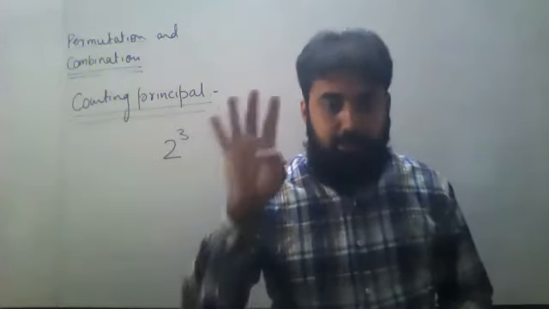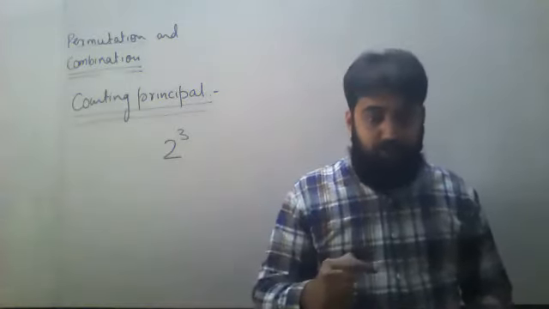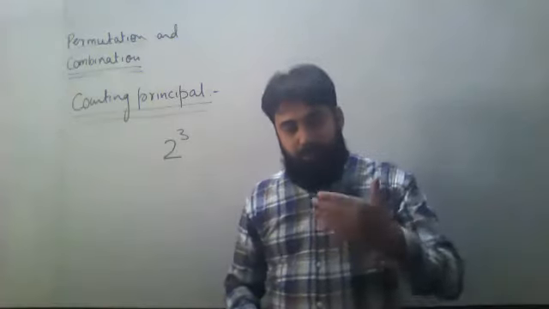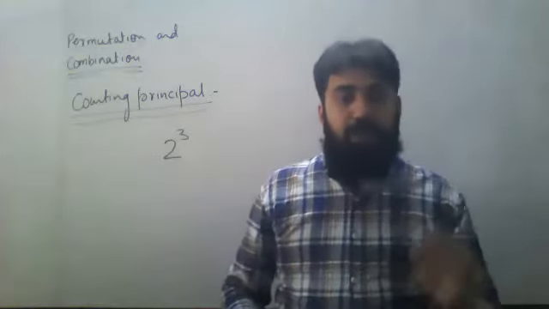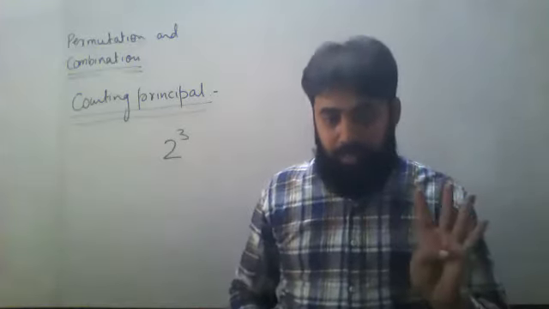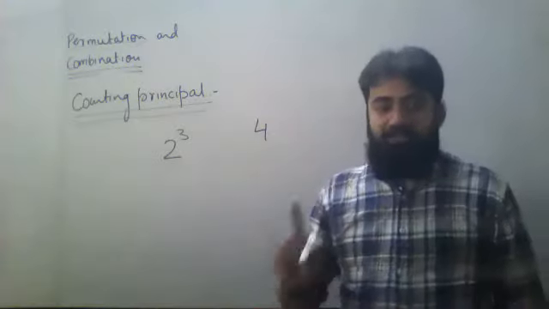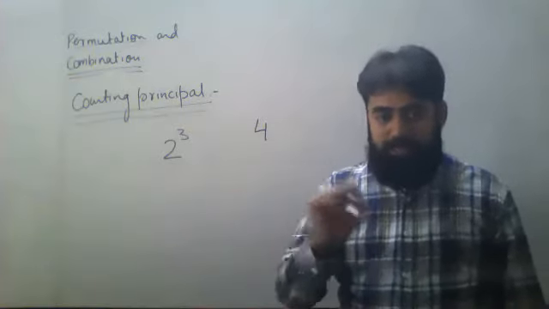There are 4 options for each question. Of course, 4 repeated options will not be there, but for each question, I will have 4 options. Every time, out of 4, I am going to select any one.